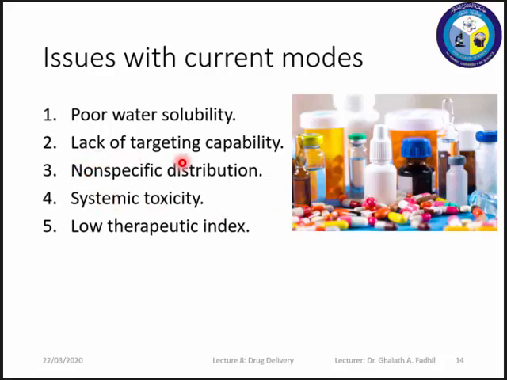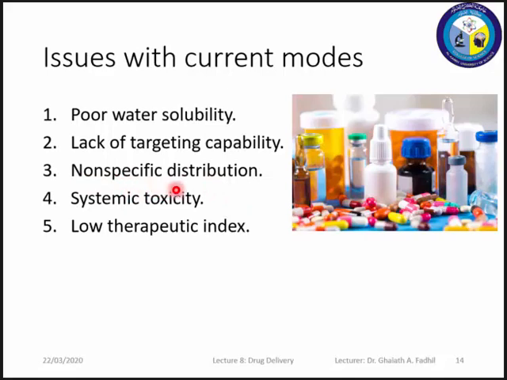We have almost no targeting capability with these kinds of medications. We take a large amount of these medications, and they affect the whole body, even the healthy tissues and organs. And the distribution is non-specific.